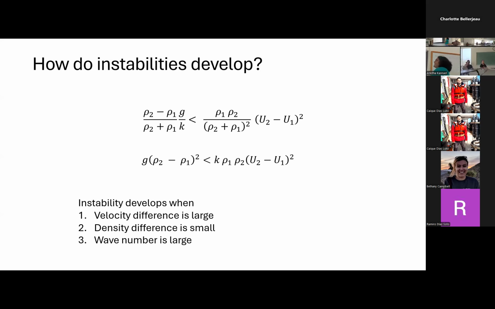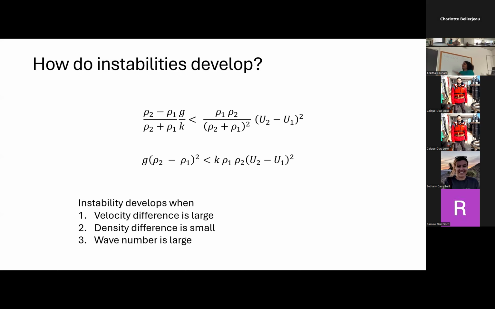So in this case, maybe I should have written this a bit differently, but it's relative to the difference in velocity. So if your difference in velocity is higher than your difference in density, they are related, it's this equation. It's really relative to your difference in density. Sorry, I should have rewritten that to be less confusing.